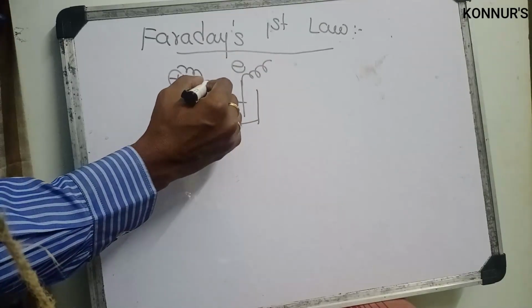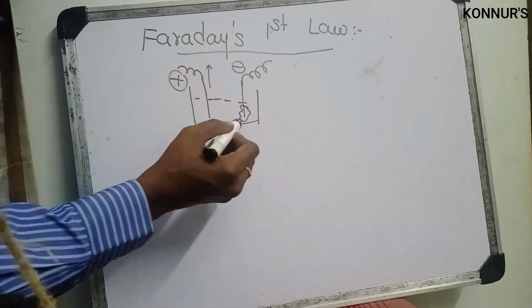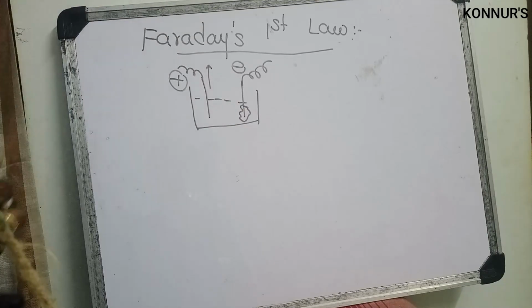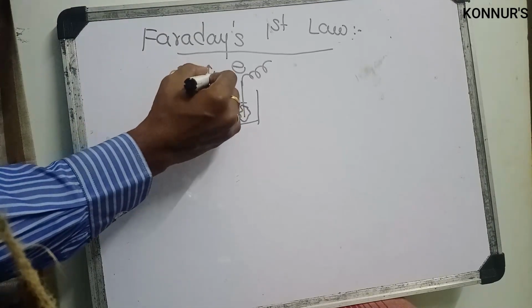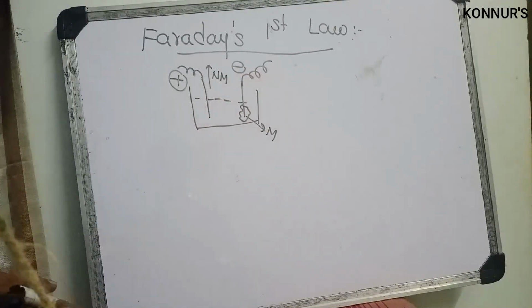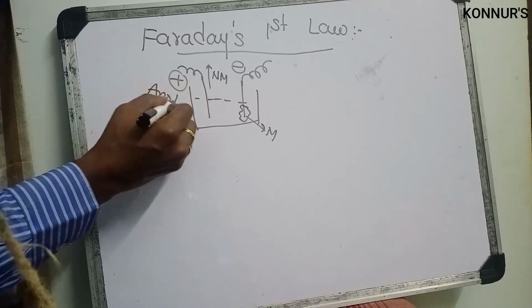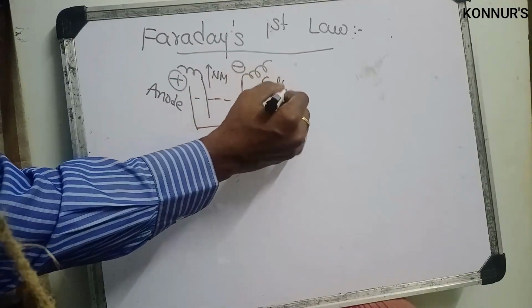If we are sending a current, some are liberated as gases, some are deposited. See, non-metal is liberated as a gas, metal is deposited on the, see here, anion. So that's why it is anode, cathode.